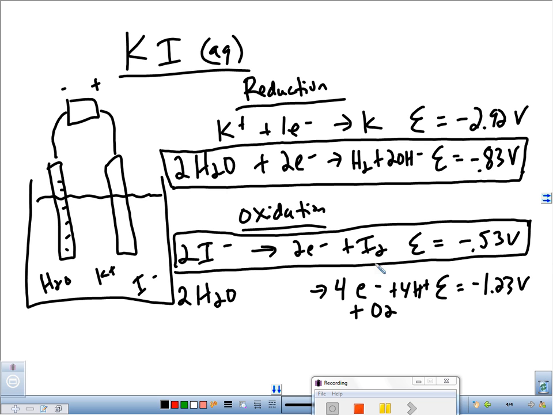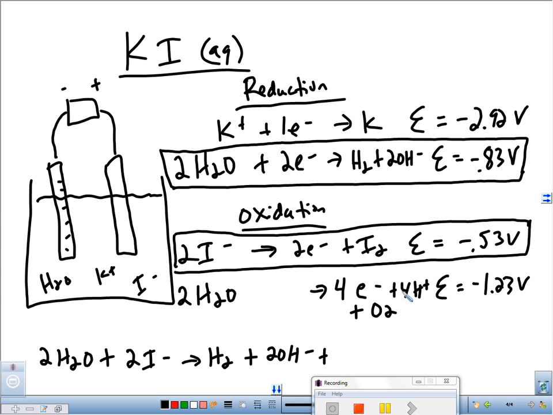If I want to add all these up, I've got 2 electrons on both sides. Let's just look at our balanced total situation. I have 2 waters plus 2 iodides yields H2 plus, I'm losing track of everything.